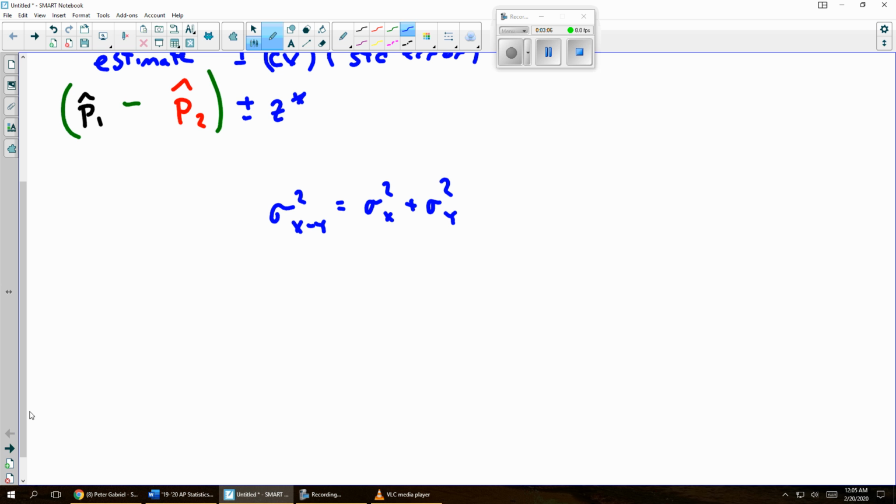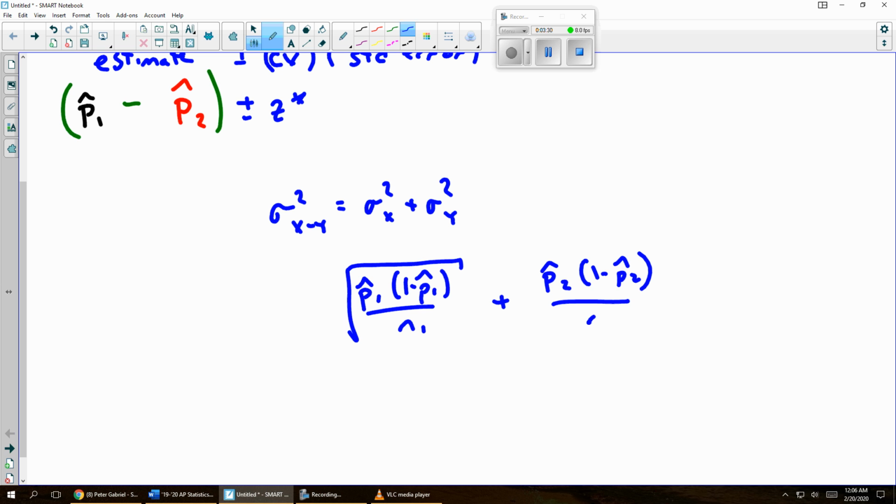Now, the standard deviation for the first p hat is the square root of p hat 1 (1 minus p hat 1) over n1. There's the first standard error. Now, the second standard error is the square root of p hat 2 (1 minus p hat 2) over n2. Now, I can only add these things together if I'm looking at the variance. So when I get this addition going right here, I've actually got to square both of these things.